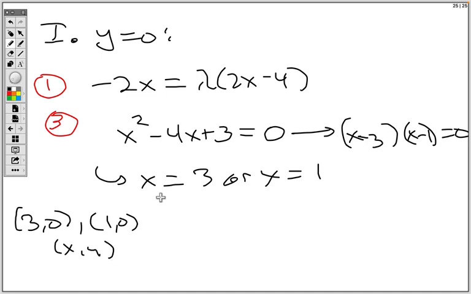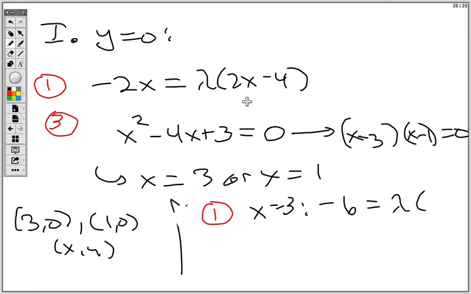But even though I'm not going to really use the lambda, I need to make sure I can get a lambda out of each of these cases. So I can go up here to equation 1. When x is 3, I get -6 is lambda times, what would that be? 2? So lambda is -3.